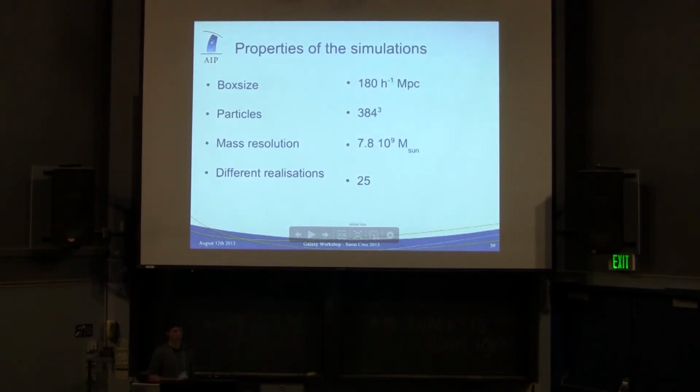We simulated with a moderate mass resolution of around 10^8 to 10^9, but we simulated a full ensemble of 25 simulations. We decided to go for a box size of 180 megaparsec per h base length, just because the observations get very sparse at those distances, and the selection function drops very steeply.